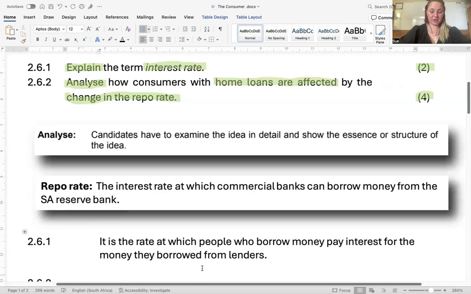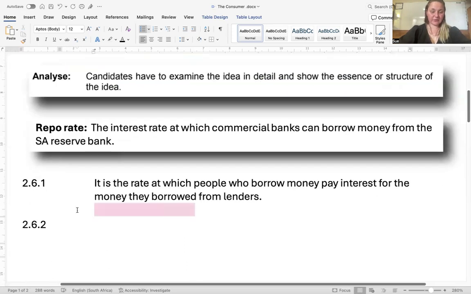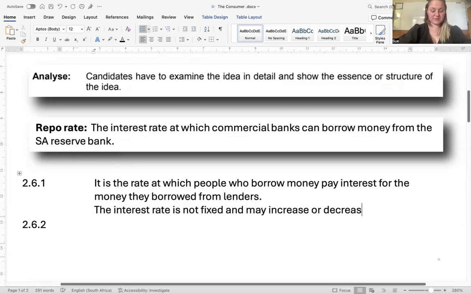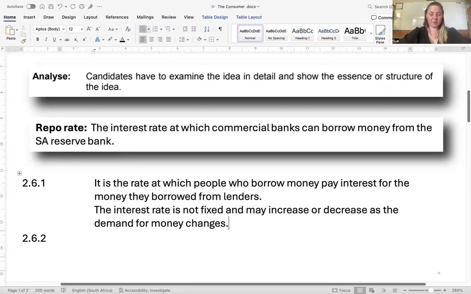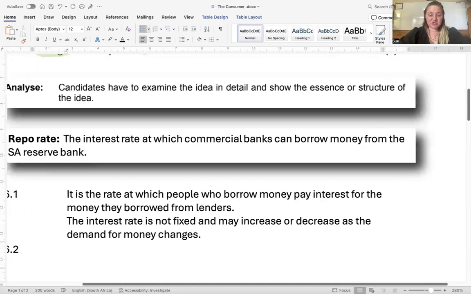And again, I am not typing. We know that the interest rate is not fixed, and may increase or decrease as the demand for money changes. Right. So that question was 2 marks.